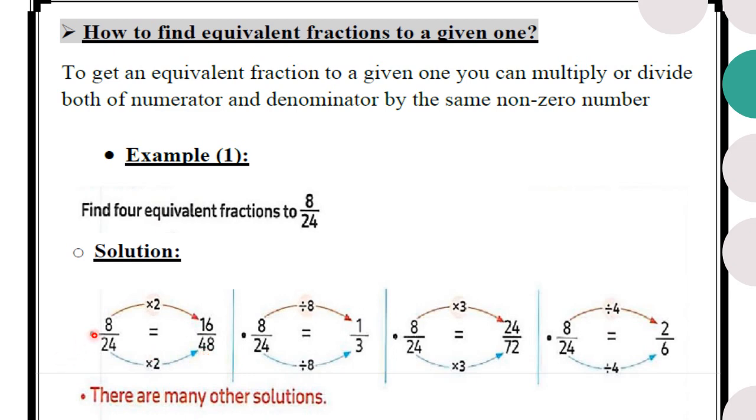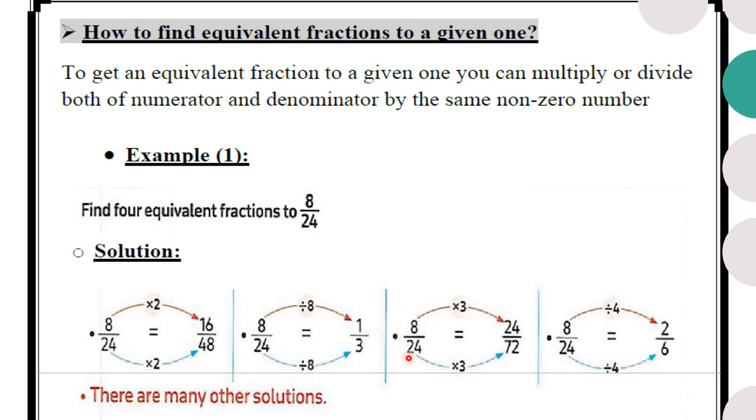Remember, we multiply the numerator and denominator by the same number. Now if we divide both by 8, 8 divided by 8 is 1, and 24 divided by 8 is 3. So 8 over 24 also equals 1 over 3.